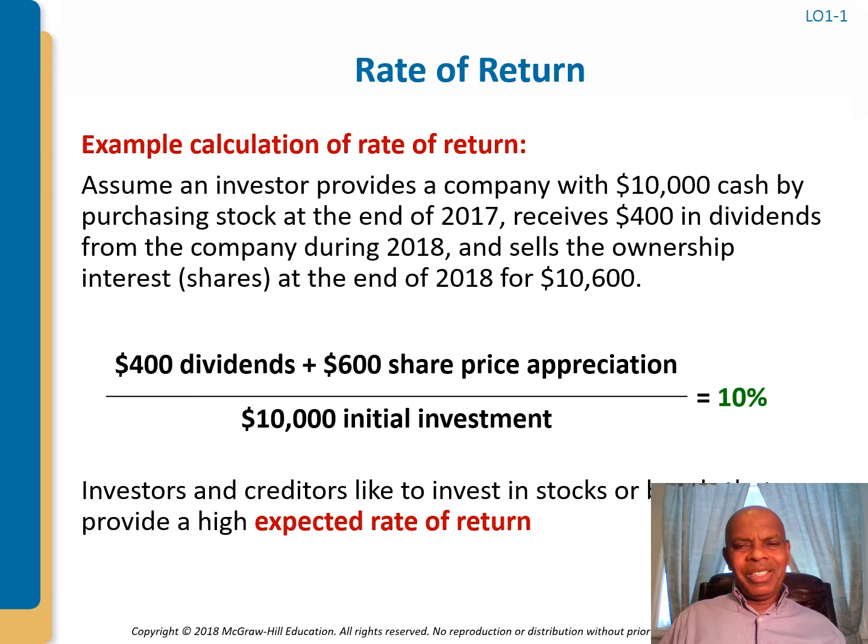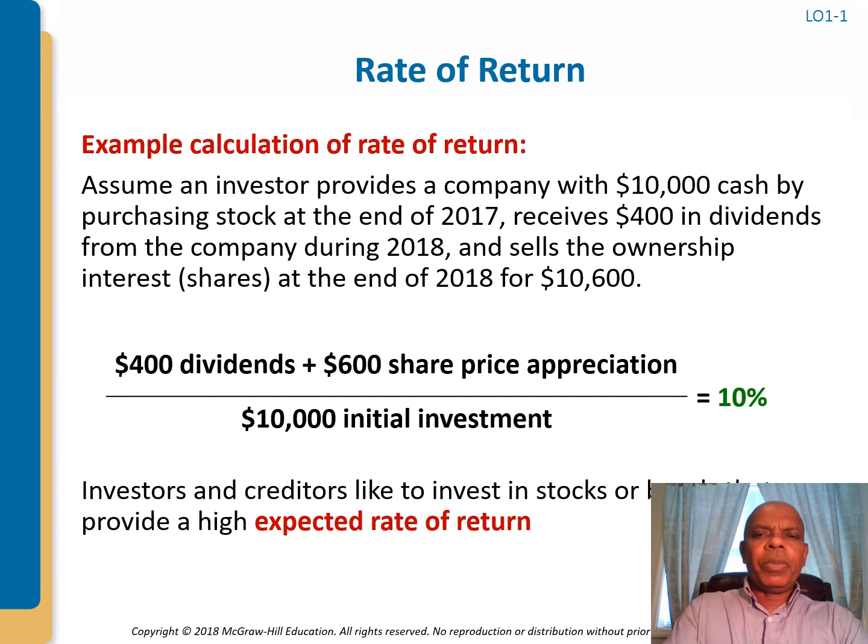Let's take a look at a quick example. Assume an investor provides a company with $10,000 cash by purchasing stock at the end of 2017, receives $400 in dividends from the company during 2018, and sells the ownership shares at the end of 2018 for $10,600. A couple of things.